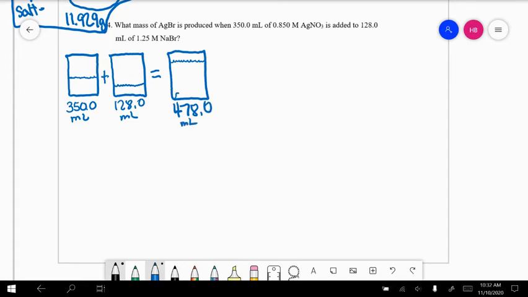When that happens, I'm going to have some precipitate form on the bottom. That's going to be silver bromide. So let's do the chemical reaction here. Silver nitrate plus sodium bromide gives me solid silver bromide.